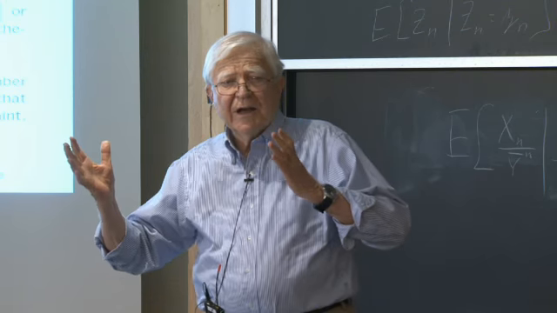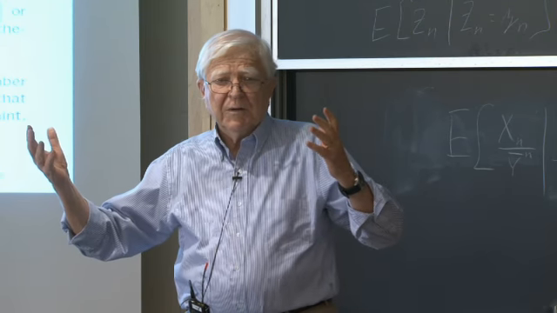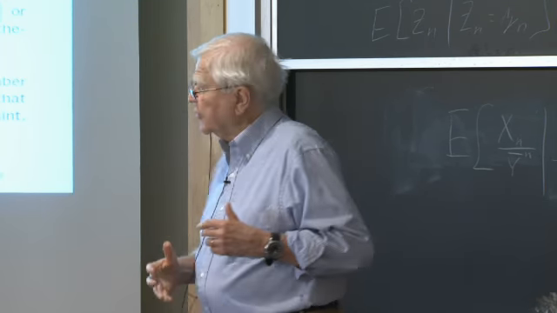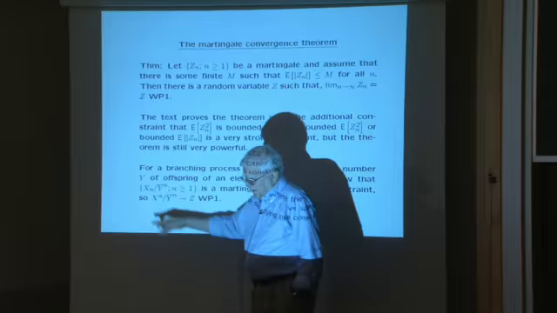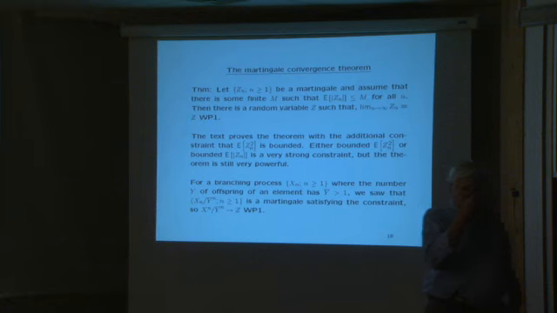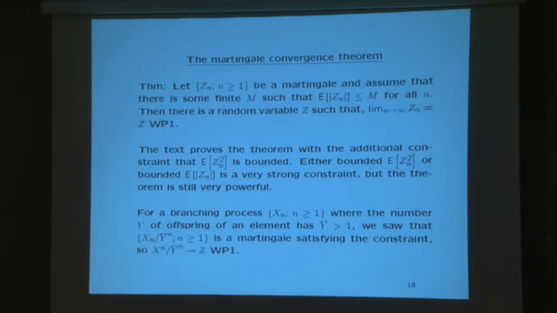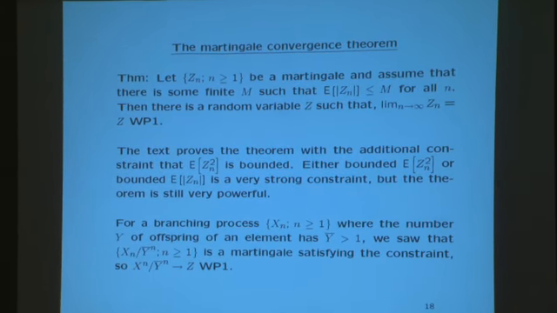And if it doesn't die out, it's going to start to grow. And if it starts to grow, it's going to start to grow in this way. After a very long time, if it's growing, X sub n minus 1 is humongous, and the law of large numbers says that the next generation should have very close to X sub n minus 1 times Y bar elements in it.